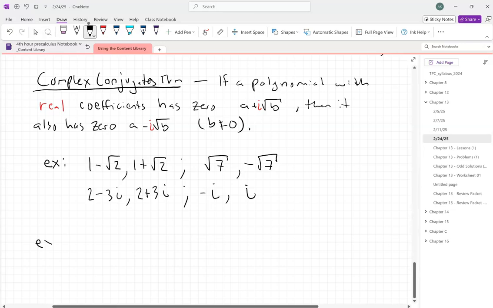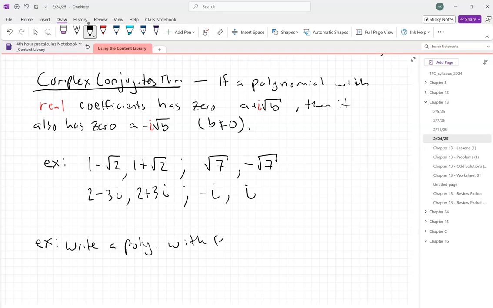So in your homework, what you'll be asked to do is say, okay, write a polynomial with real coefficients, minimum degree, with the zeros, say, 1, negative 3, and 1 plus i root 2.